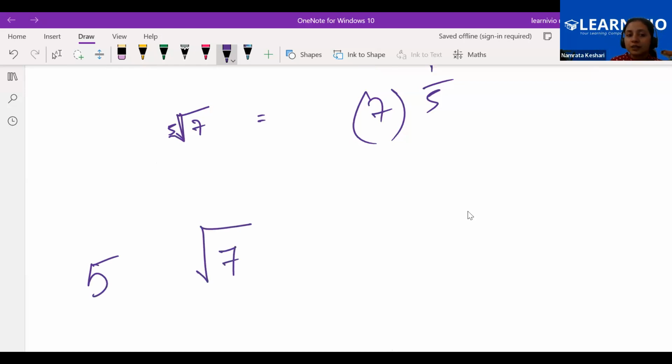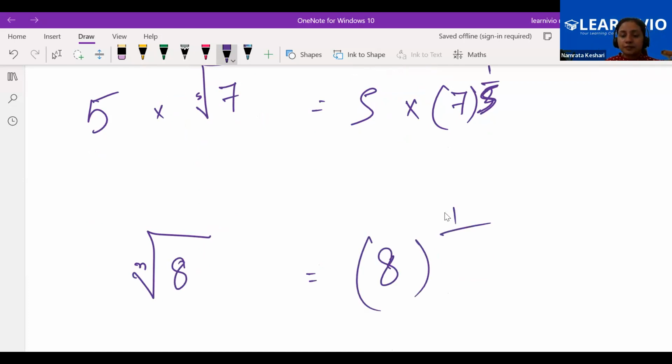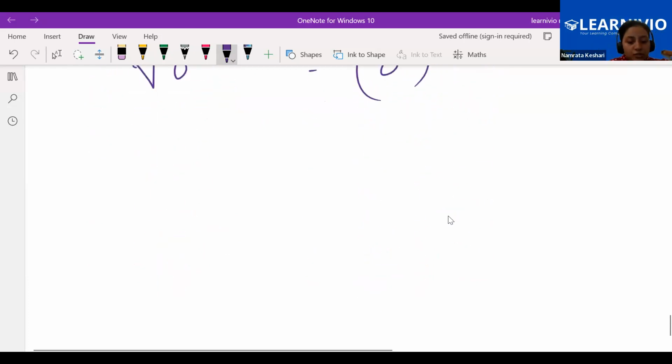If a teeny tiny 5 is written over the root, that means fifth root, and that will be 1 by 5. Am I making sense to all of you? Yes, ma'am. If the nth root is there, then 8 to the power what? 1 by n. Yeah.